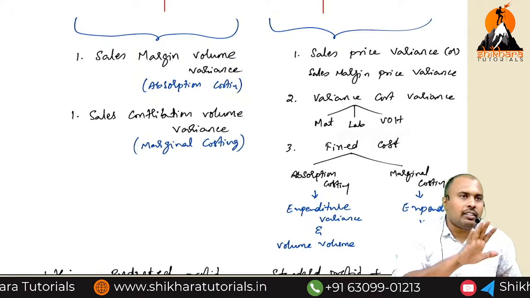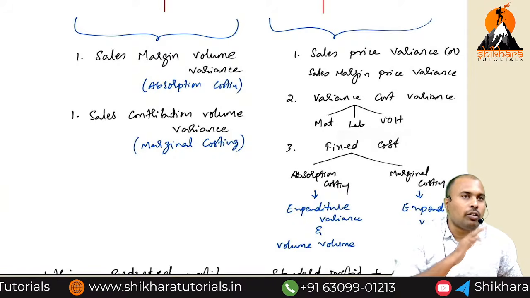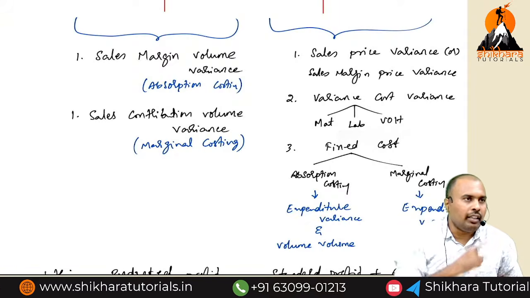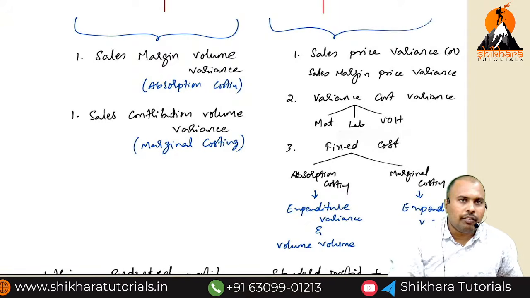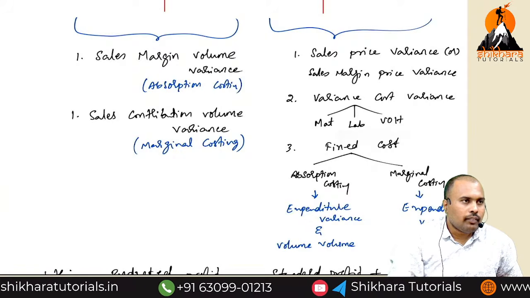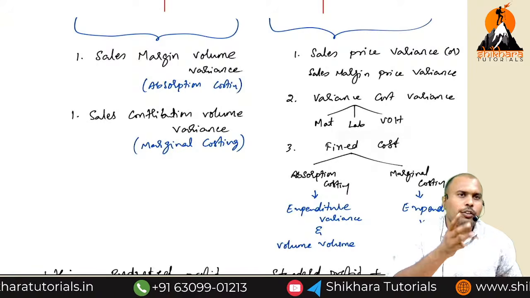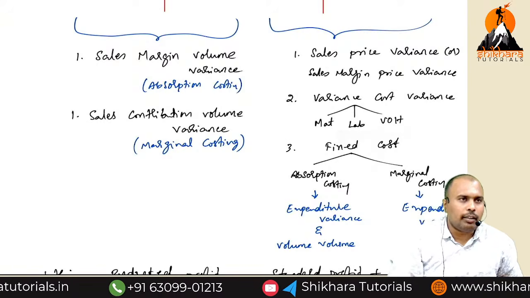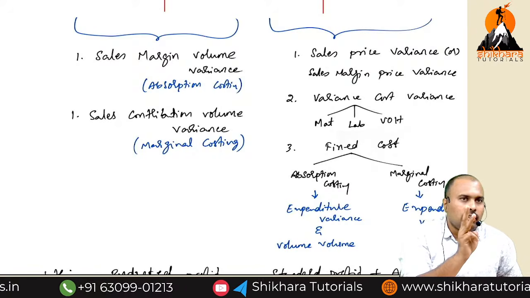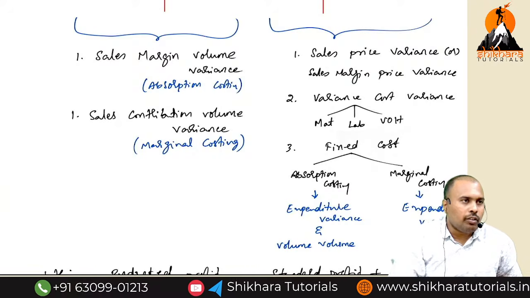After sales variances, you have to adjust cost variances: material cost variance, labor cost variance, variable overhead cost variance. Or in place of cost, you can segregate them and adjust. But anyhow, material cost variance, labor cost variance, and variable overhead cost variance.